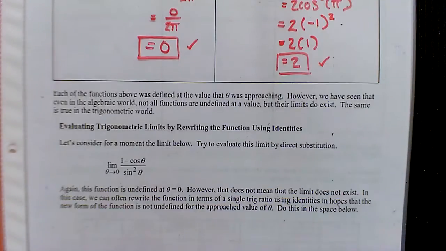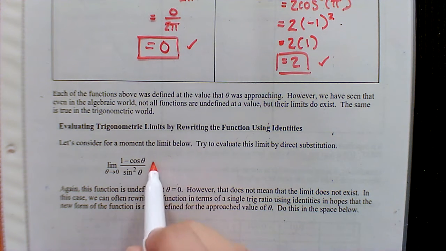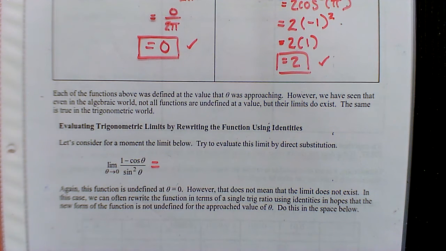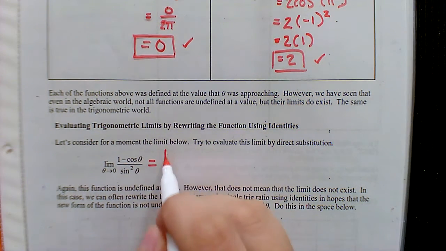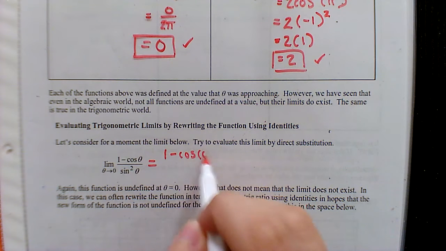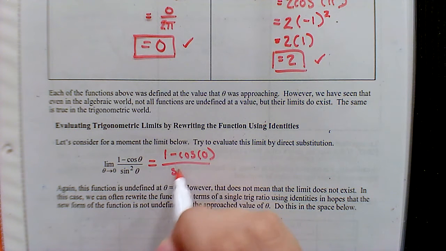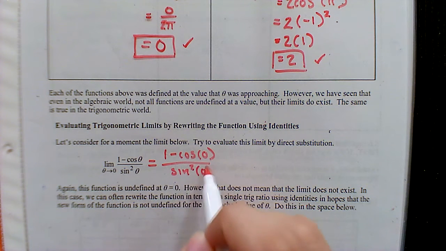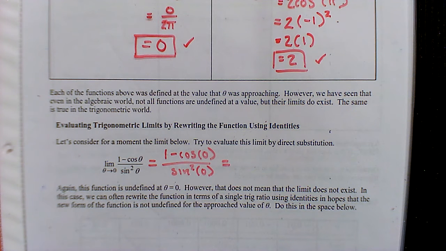Okay, so let's try maybe this next one. If we try direct substitution, plugging in 0, on your unit circle, what's the cosine value at 0?